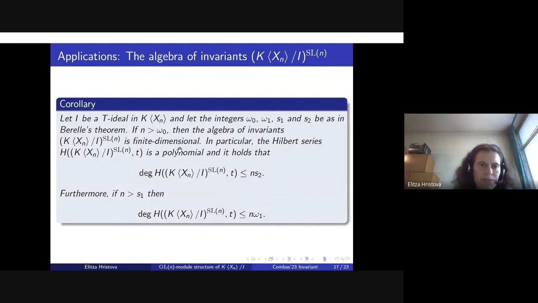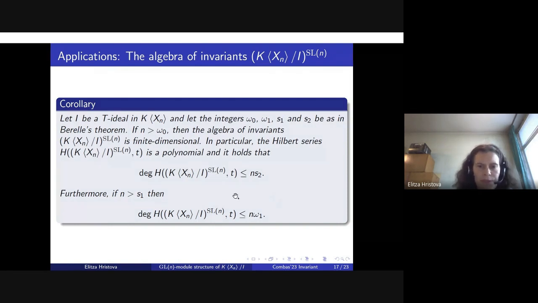And the Hilbert series is again a polynomial, and we can give a bound on the degree of this polynomial: it is less or equal to n times S2, where S2 is this integer here. Furthermore, if n is even greater than S1, then we get an even stronger bound on the degree of the Hilbert series: it is less or equal to n times omega 1.